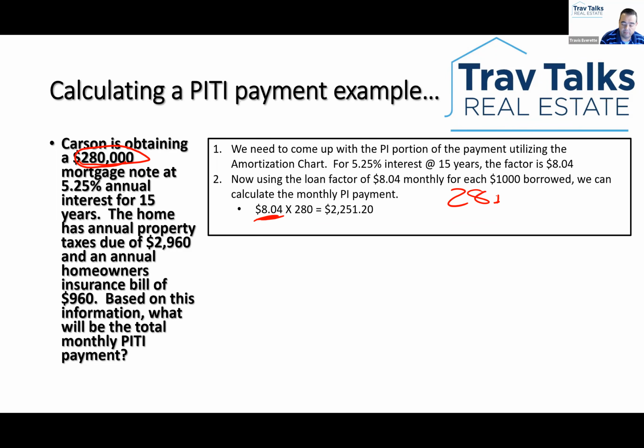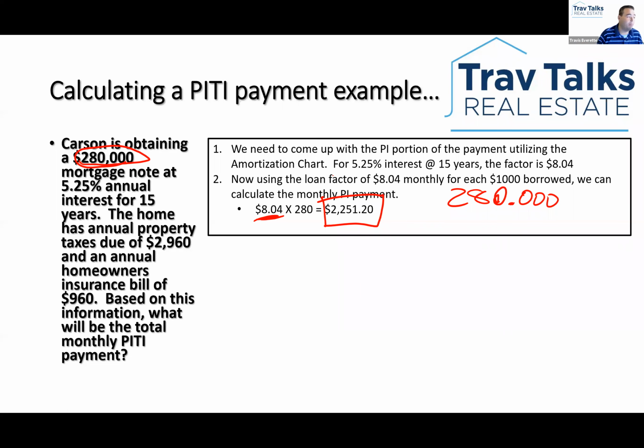Everybody okay with that? And that's a monthly PI payment of $2,251.20. Are we all feeling good with where that number comes from now that you know how to use the chart? Yes. But they want to know the PITI payment.